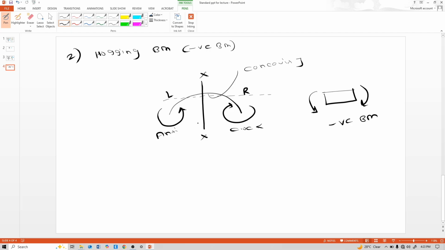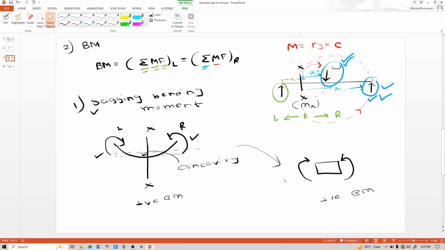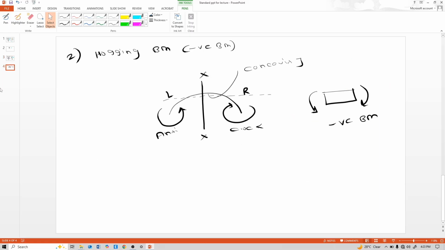For calculation of bending moment and shear force of any particular beam, we need to consider either positive bending moment sign convention or negative bending moment sign convention. Any one sign convention we need to consider.